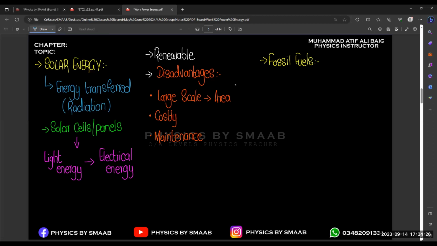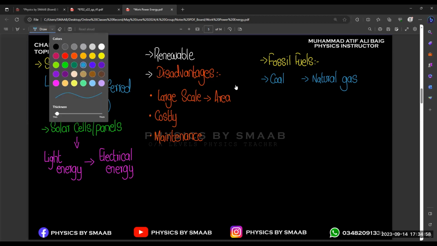In the example of fossil fuels, we have to talk about coal and natural gas. Basically, fossil fuels are formed from the remains of plants and animals, right?